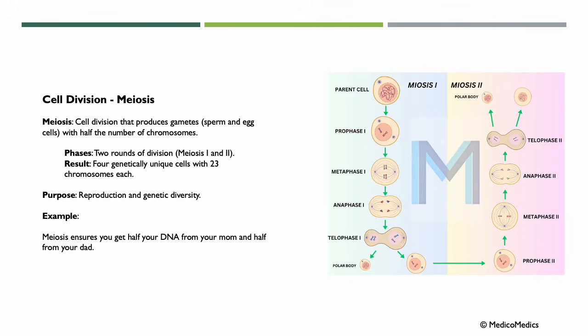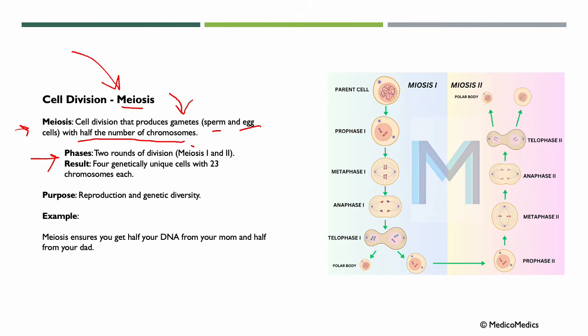Now then, after mitosis, we have another type of cell division, which is meiosis. And meiosis is the cell division that produces gametes, so sperm and egg cells. And it's produced with half the number of chromosomes. The phases include 2 rounds of division.